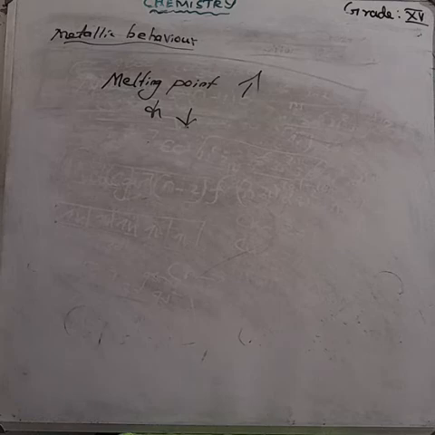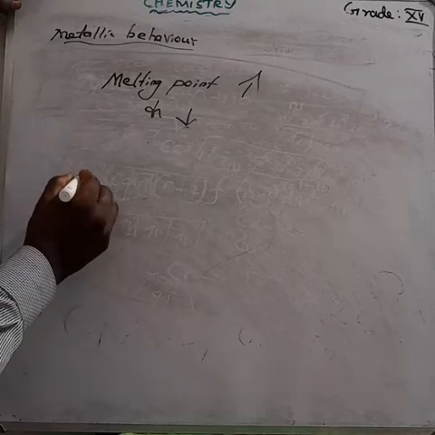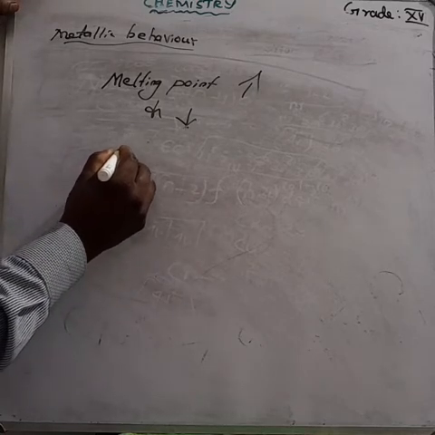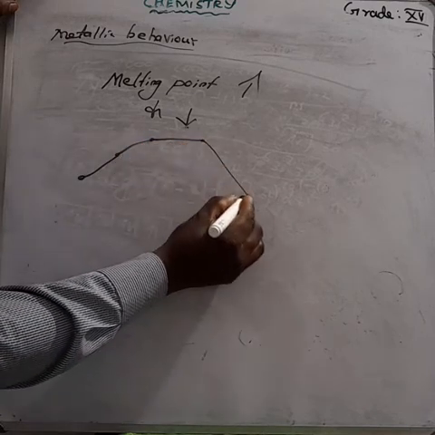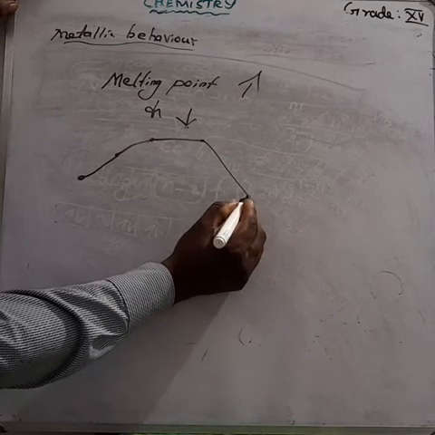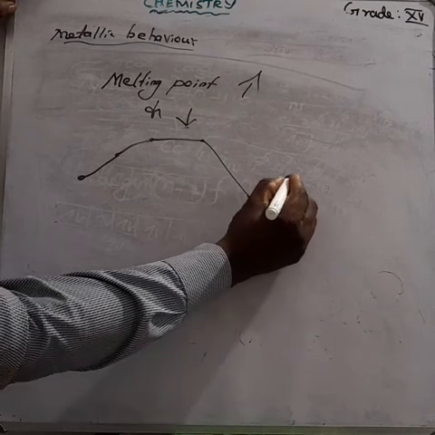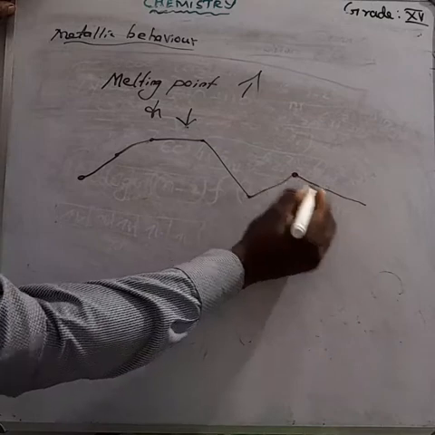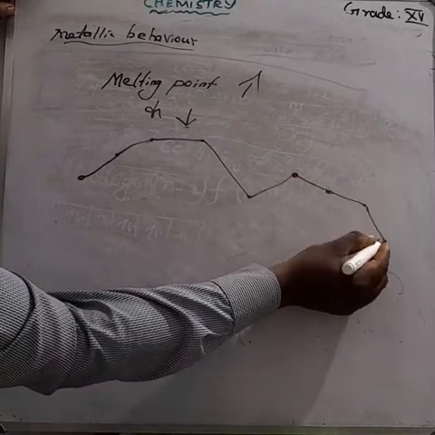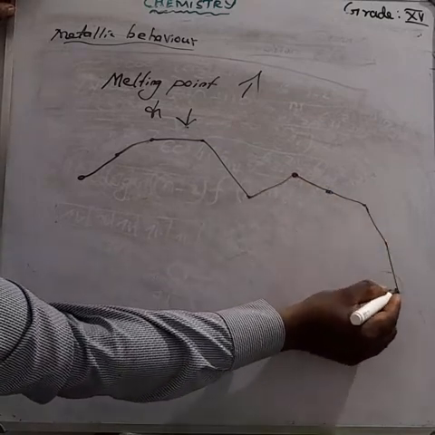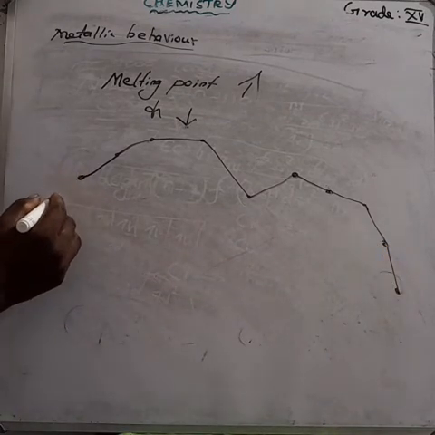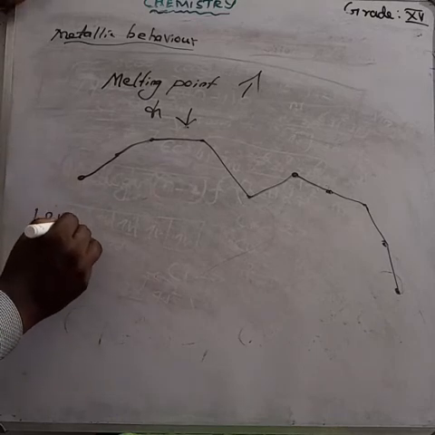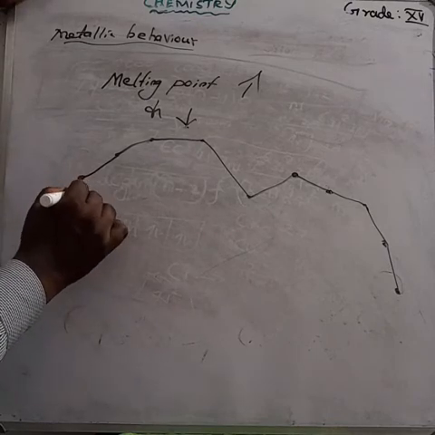Please look at the graph here. The melting point of scandium first increases to titanium, then to vanadium, then is almost constant at chromium. Then again it decreases from manganese. Then again increases, then somewhat increases, then the next also decreases. Scandium, atomic number 21, is 1814 Kelvin.